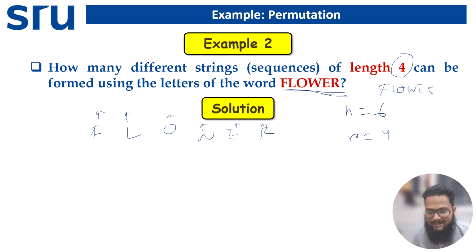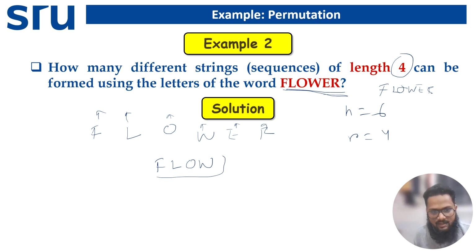So why are we using permutation here? Because of order. Now suppose from this we want to create a string. I am not saying word, because string means you can take any letters, even without meaning. A word should be meaningful, but for strings or sequences you can take any 4 letters. Suppose you are taking 4 letters, one is F L O W, flow.